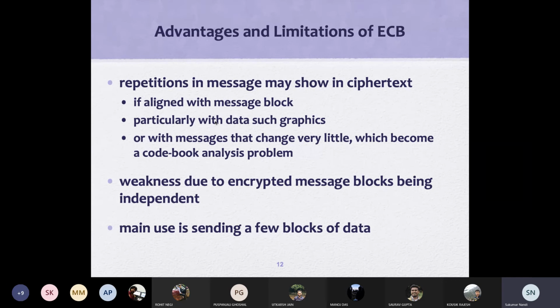So first plaintext you get one bit change, another plaintext another one bit change, and like this if you send multiple messages, there is a possibility it can be cracked or the key or message can be revealed. This is basically happening because every block is independent of the others and remains as it is. Plaintext remains same, ciphertext remains same. So that's why it is for few blocks of data.